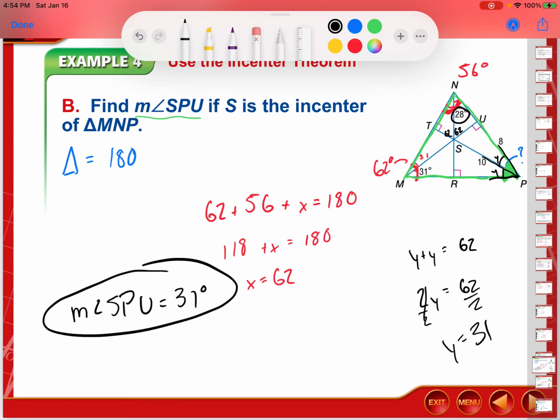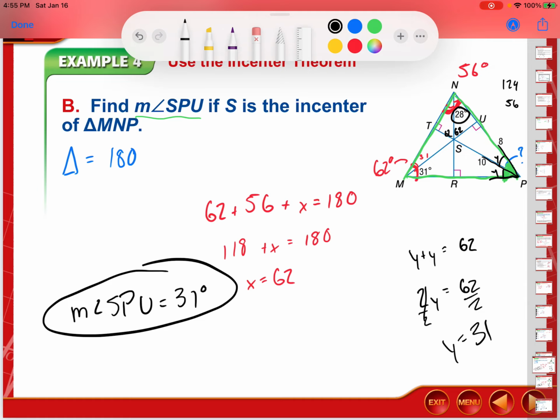So it would have been 62. That would have had to be 62. Which would mean... which means that last one would have to be 60. 56.